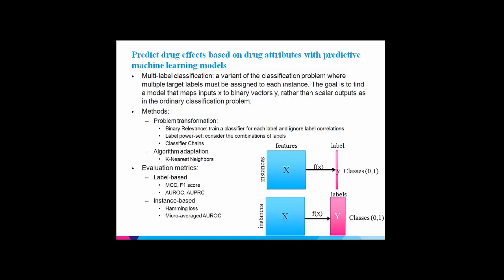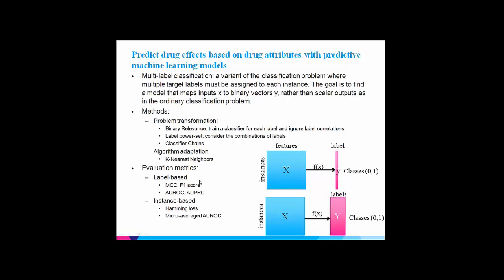For multi-label classification, there are also different types of evaluation metrics for benchmarking the models. You can do either label-based evaluation or instance-based evaluation.